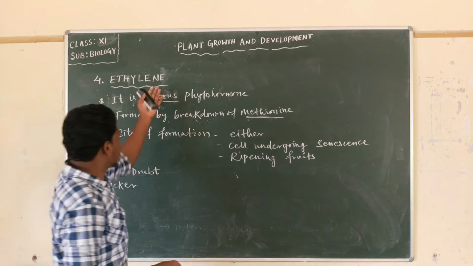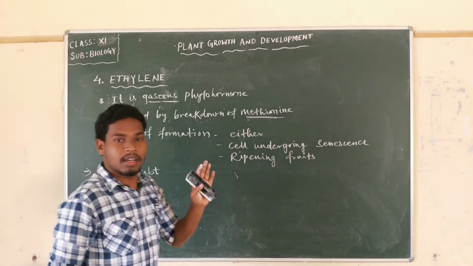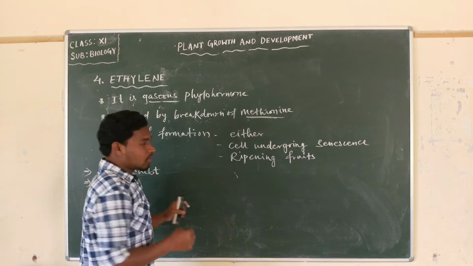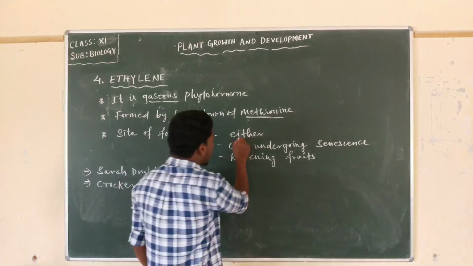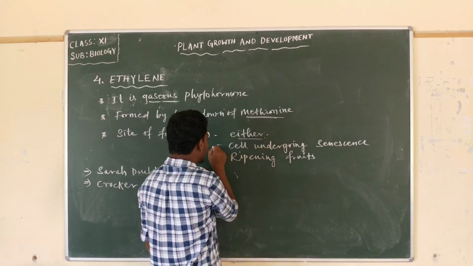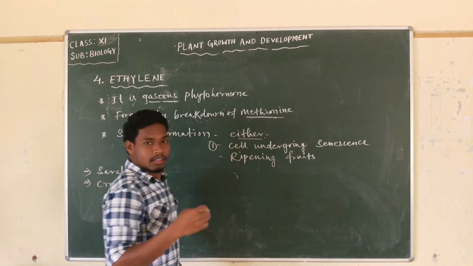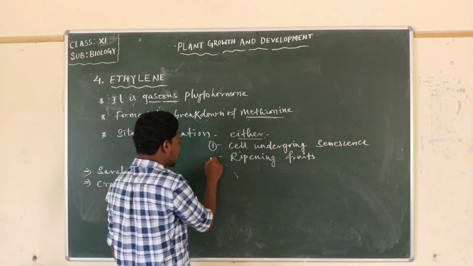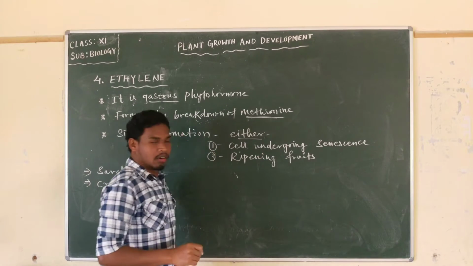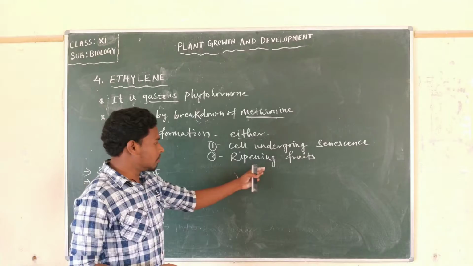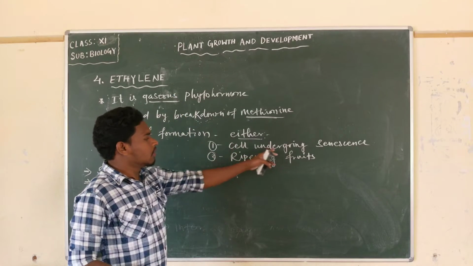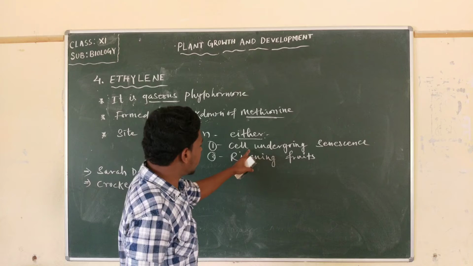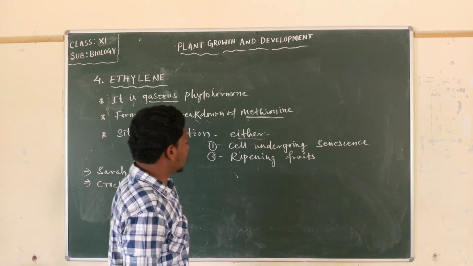And where is this ethylene produced? The site of formation of ethylene is either cells undergoing senescence or ripening of fruits. During ripening of fruits, ethylene is produced. During cell senescence, at that moment ethylene is produced.